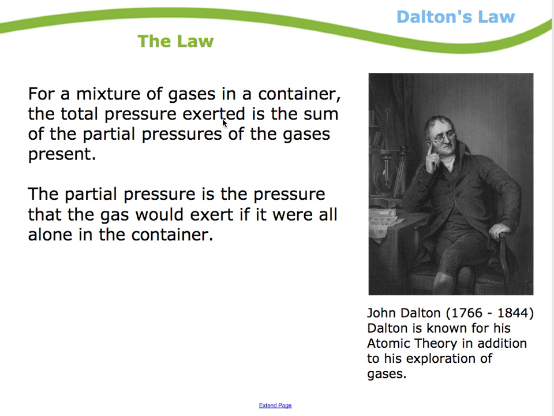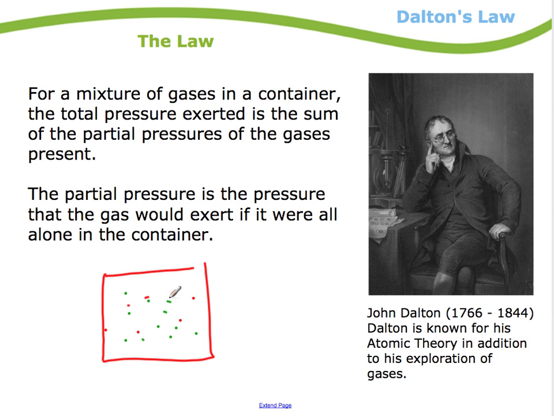And his law says that for a mixture of gases in a container, the total pressure exerted is the sum of the partial pressures of the gases. In other words, if I have two gases in a container, maybe a red gas and a green gas, the green gas doesn't affect the red gas.